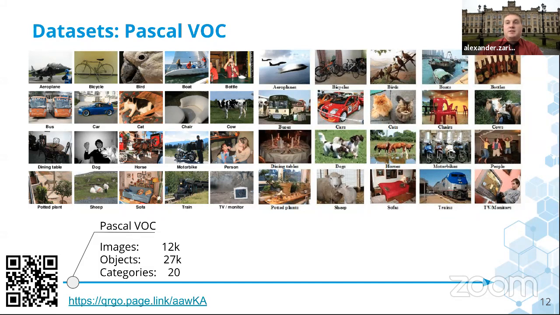It was released in 2005, and nowadays it consists of 20,000 images on which 20 categories are annotated. As we can see from the image samples, this dataset consists generally of simple scenes on which we can see only several objects, generally from the same category.